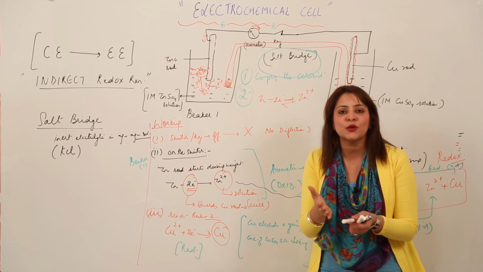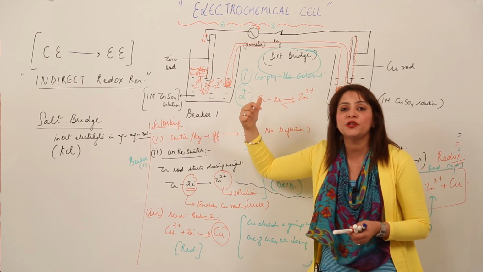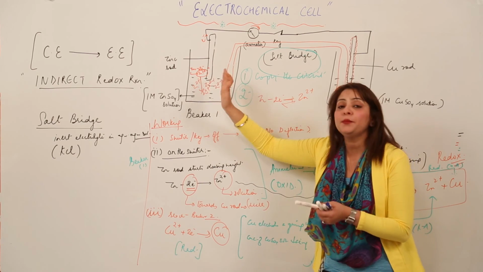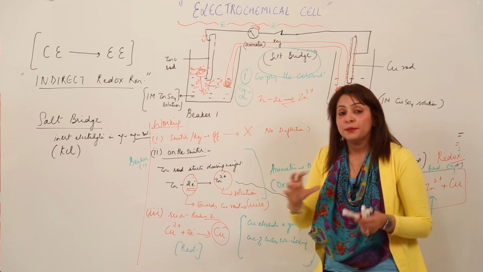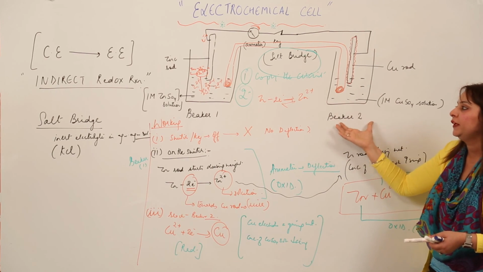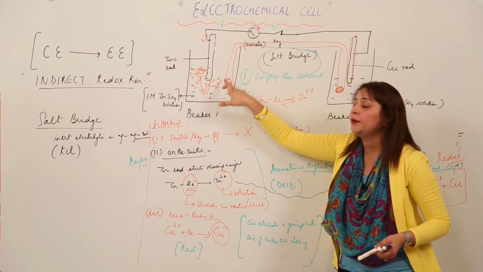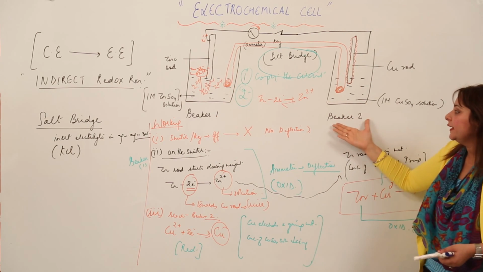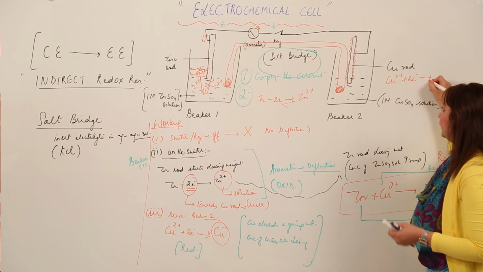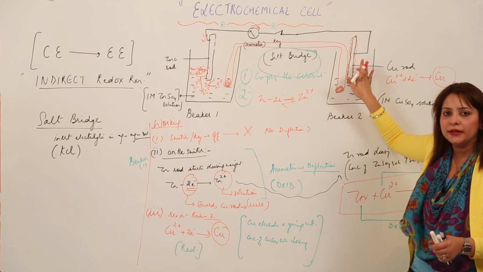But we don't want to stop our cell from working. So just look at the board to see how the salt bridge helps the electrochemical cell keep on working. This is the problem we face in beaker 1, right? But there is still a problem existing in beaker 2. So just look at it: what is the problem in beaker 2? As you can see in beaker 1, the rod is surrounded by positive ions. In beaker 2, the copper ions are gaining electrons and turning into copper atoms, and they are coated on the rod, right?